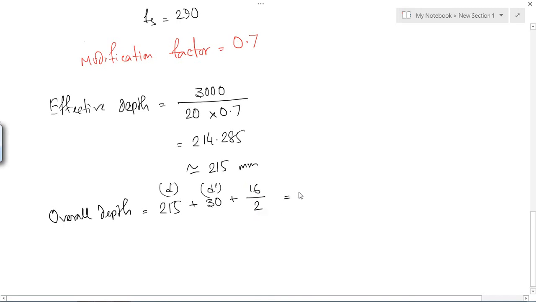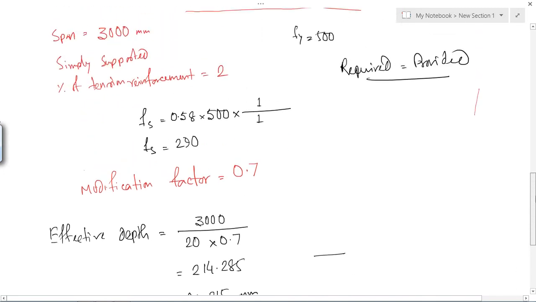Now the overall depth will be 253 millimeter, or 250 millimeter. This is the overall depth of the beam.